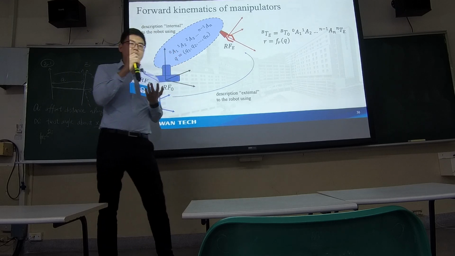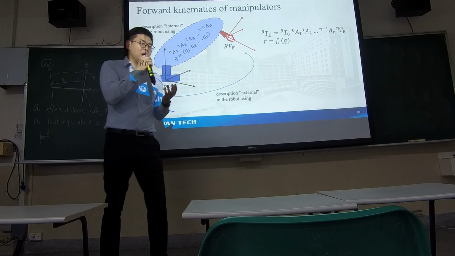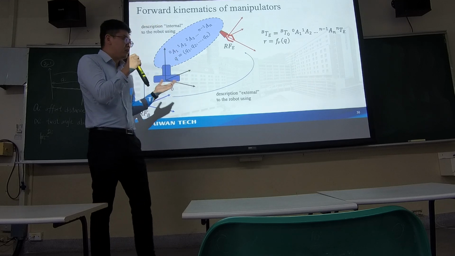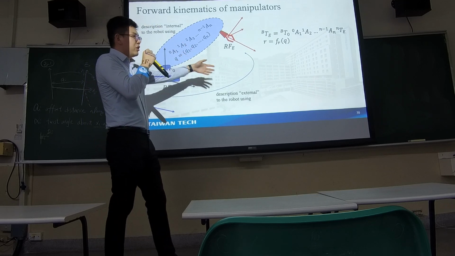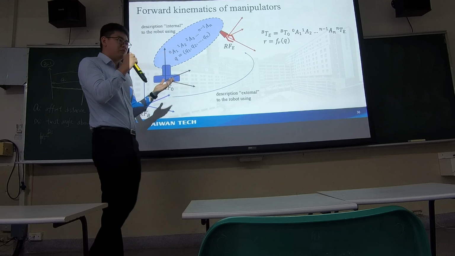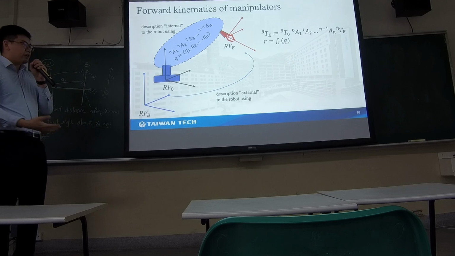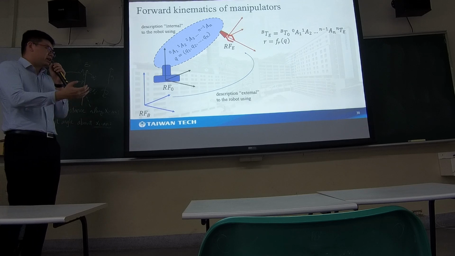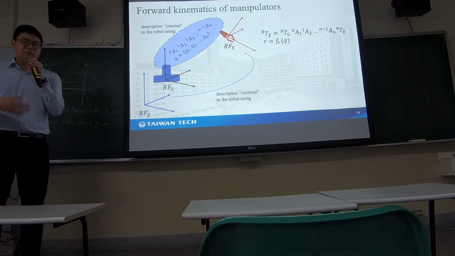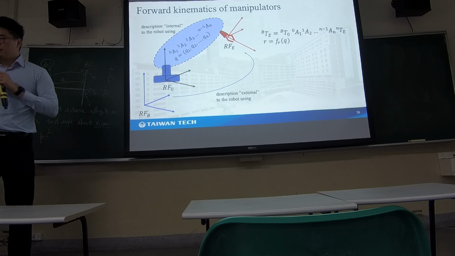And also, you can use the geometry method, and form your formula like we just did. But I think in 3D space, it's very hard to use the geometry method.